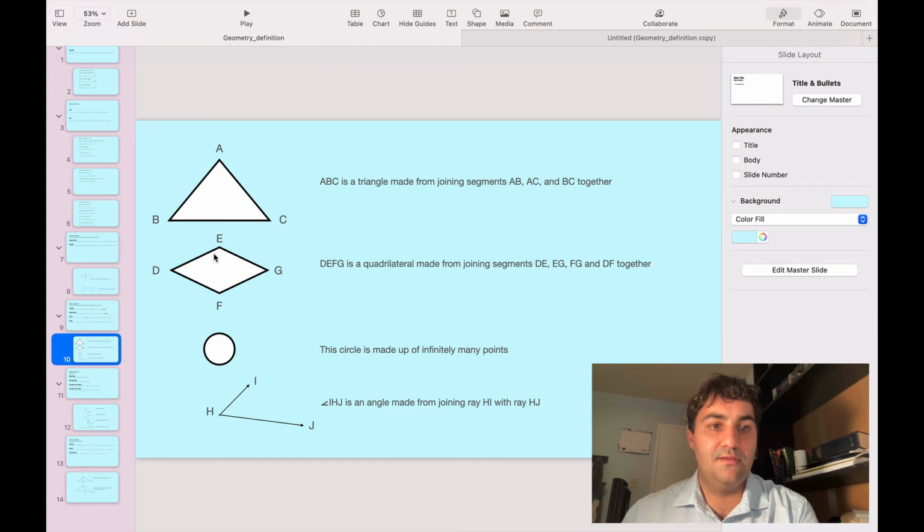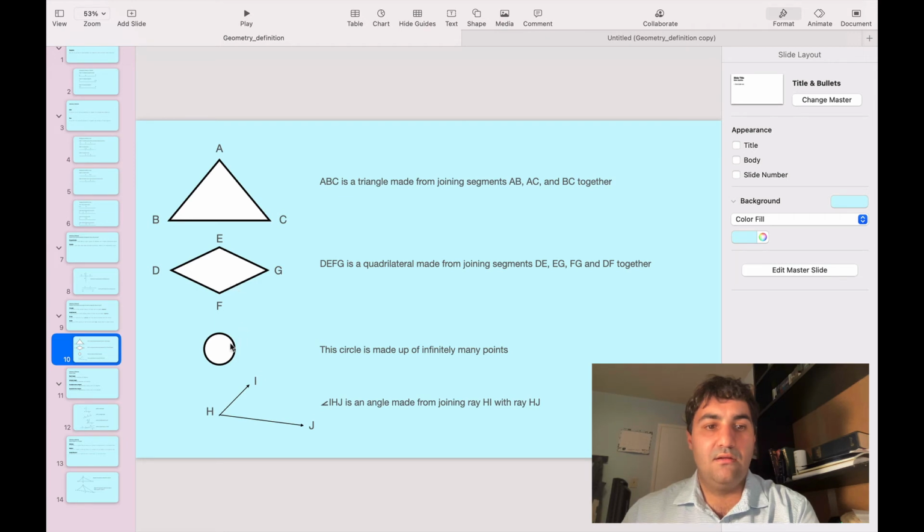Now let's look at this quadrilateral. It is made up of joining four segments together: segments DE, EG, GF, FD, creating a closed geometric figure.